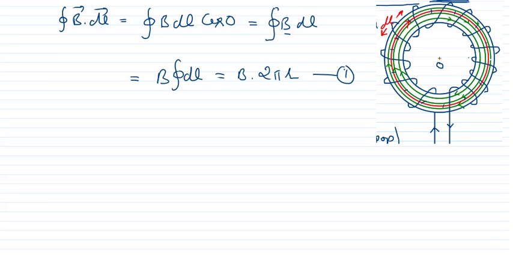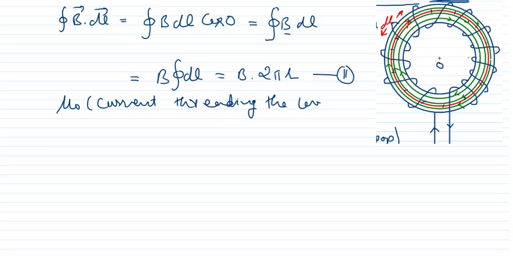Clear? Okay? Now second part. This is equation number 2. Now the second part is mu naught into current threading the loop.